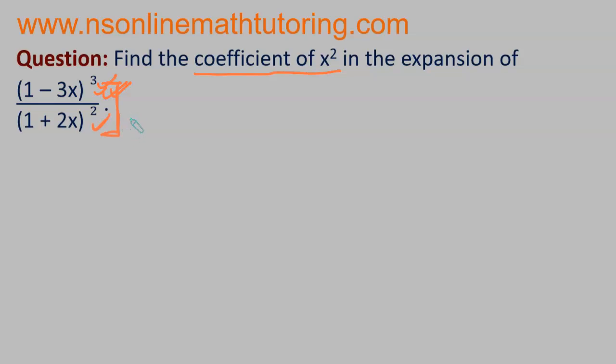Okay, we will be knowing about rational functions and how to convert them into partial fractions later on. For solving this particular question, we do not need the partial fractions. We can handle this as it is. Okay, so let's start with our answer.